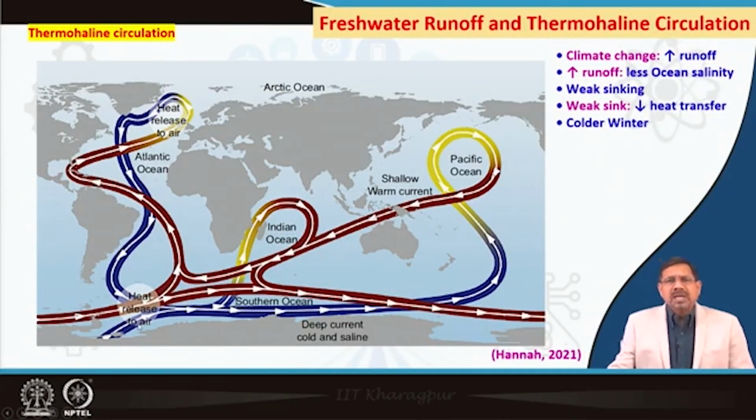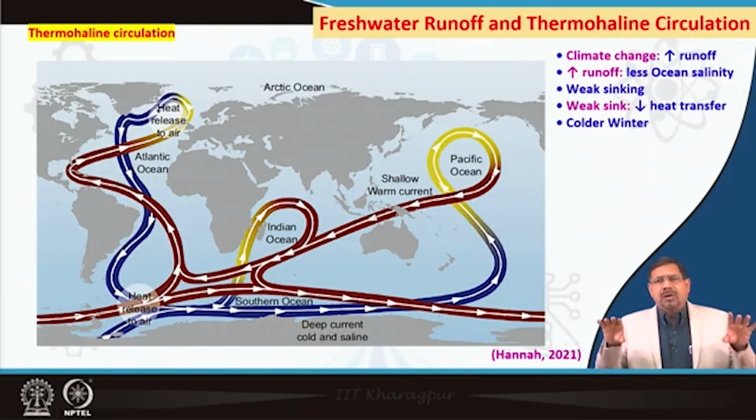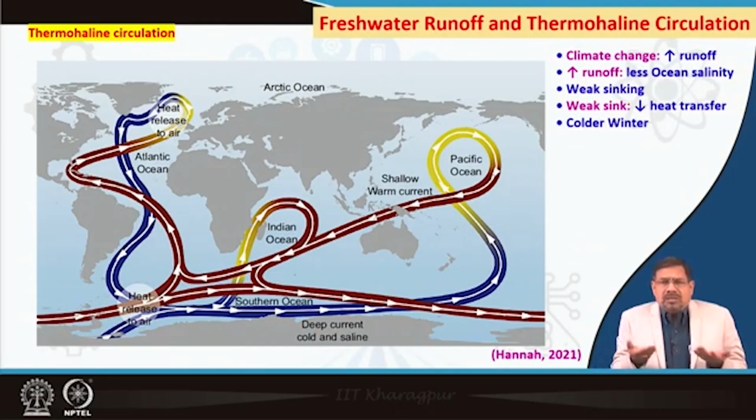So, what does this explain? This clearly explains that the equatorial regions are warmer, as all of us know, because the equator receives more of the solar radiation, and relatively the equatorial water is warm.